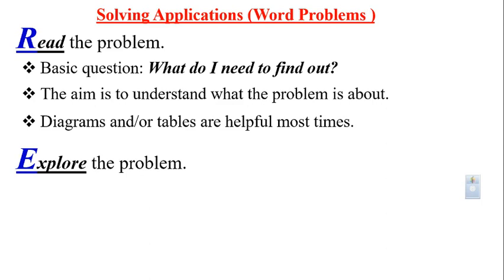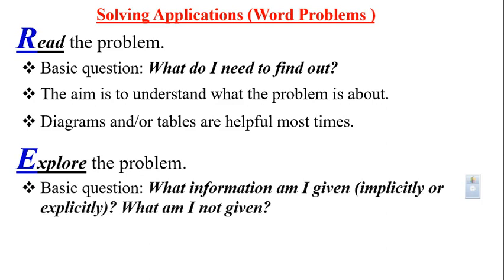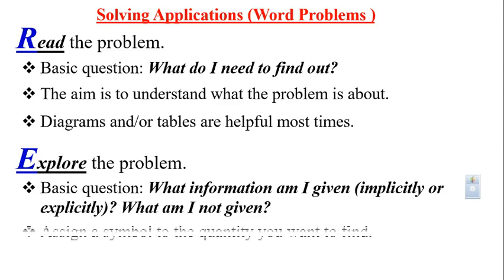Directly connected to reading the problem is exploring the problem. To explore really means to look for information provided. The basic question you will be answering here is what information is given either explicitly or implicitly in the question, and what information is not given that you need to find out.